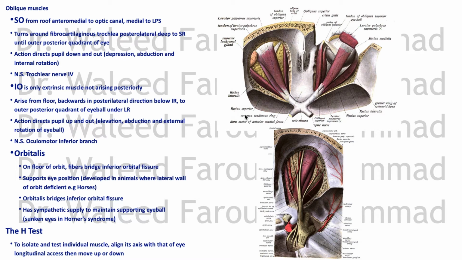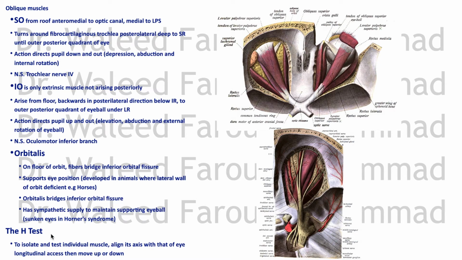But to test an individual muscle, the principle is to bring the eye into a position and ask it to do a movement that the only possible muscle, or the major muscle responsible for the movement asked, is that muscle. Okay, this is called the H test.